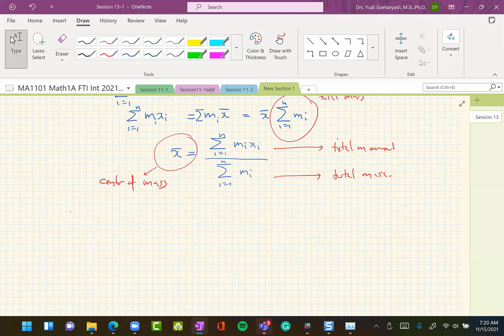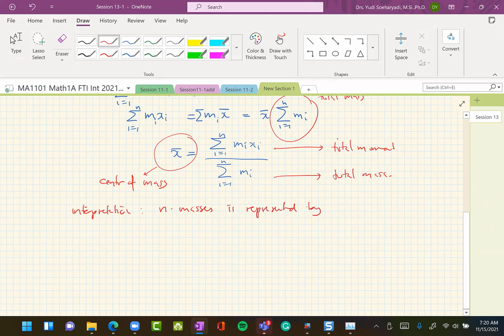This is the interpretation: the m masses are represented by one mass positioned at x bar.